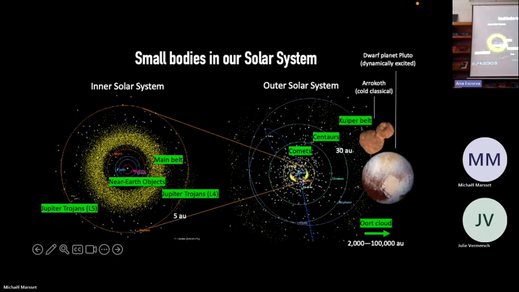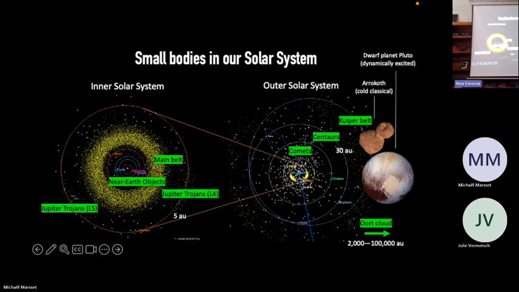It was never directly detected, but its existence was inferred from the detection of long period comets on high orbital inclination orbits in our solar system.